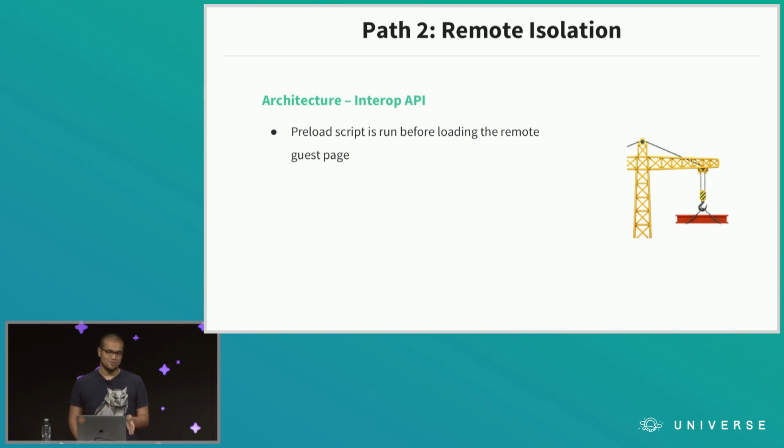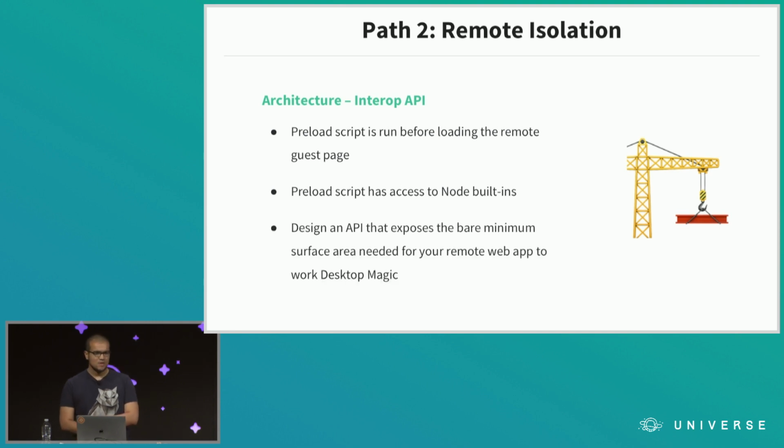And before we run the remote guest page, we still have full access to Node. So since we have access to Node built-ins, we can design an API that exposes the absolute bare minimum that you need for your web app to do some kind of desktop magic, to actually extend it into a native-ish app. All right, what does this look like in code?